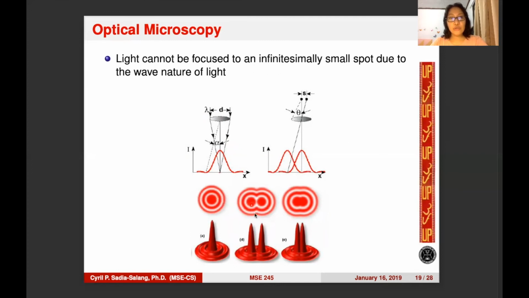So when you have 2 point objects a distance s apart, overlapping images can be produced, as shown in this figure. If they are too close, it is impossible, as shown in this figure, to resolve them. Rayleigh suggested that the two objects can be distinguished when the central maximum of one coincides with the first minimum of the other, such as what this image depicts.